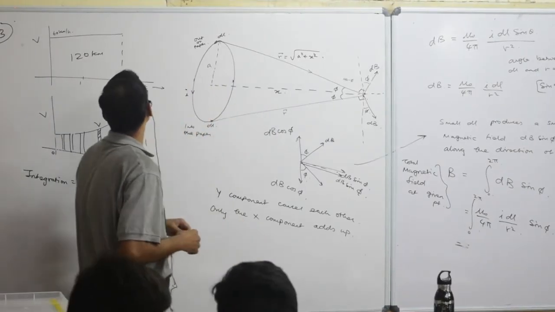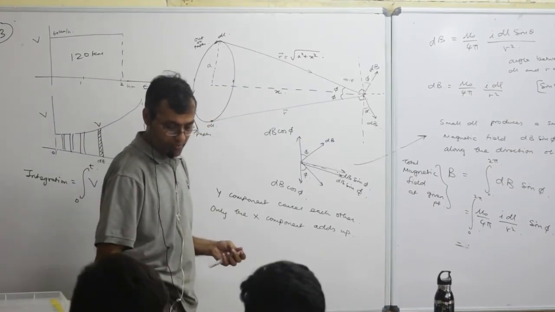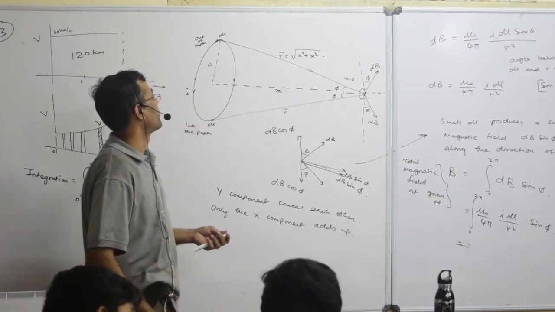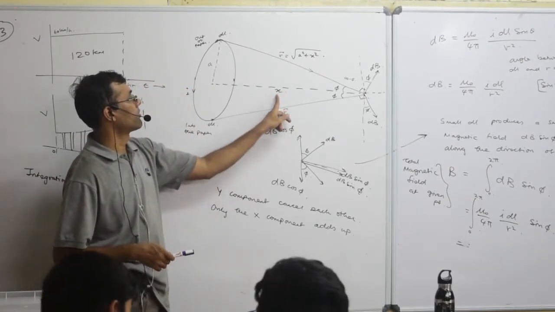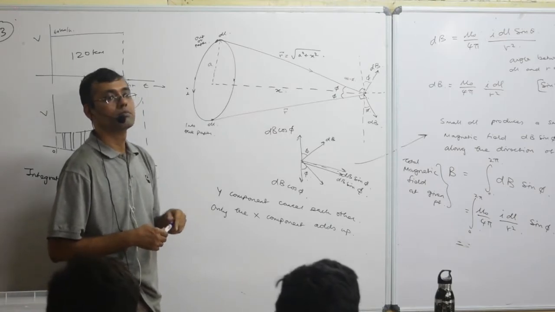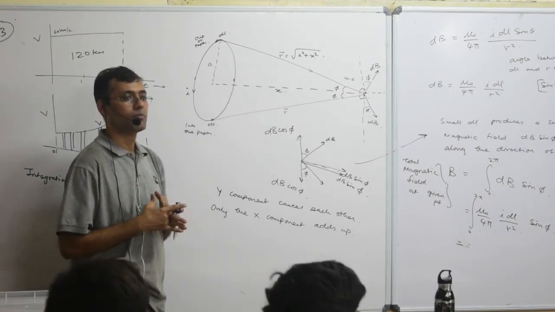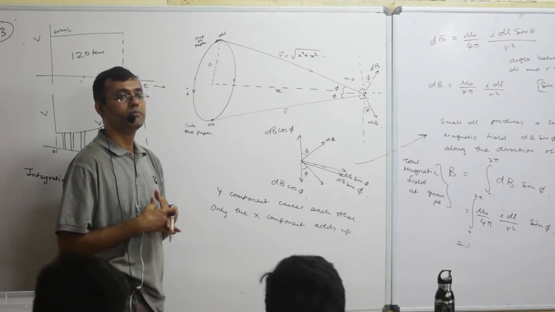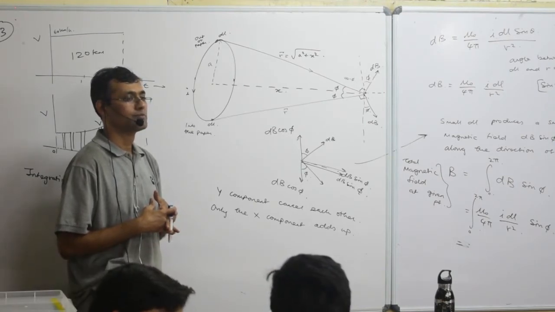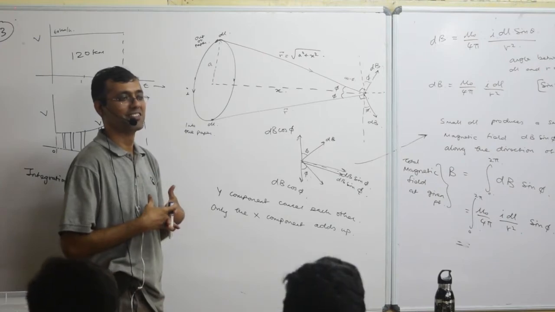We may have to talk about the special case here. What will be the special case? Suppose I said this x is equal to 0, what will happen?